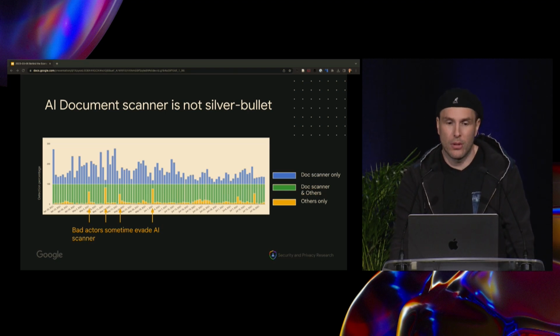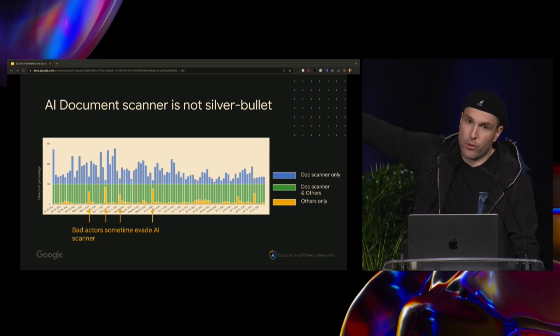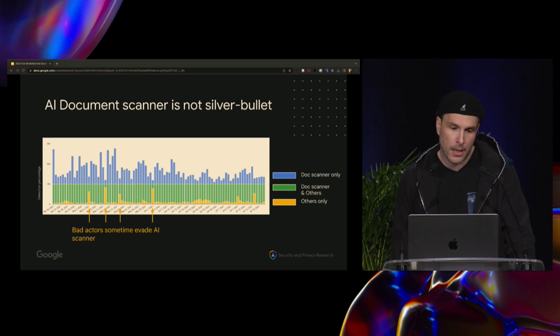So again, this is not a perfect solution, but it's there to be as specific as possible. And you see here, these are the variation during a day where the system was not able to detect certain attack campaigns.